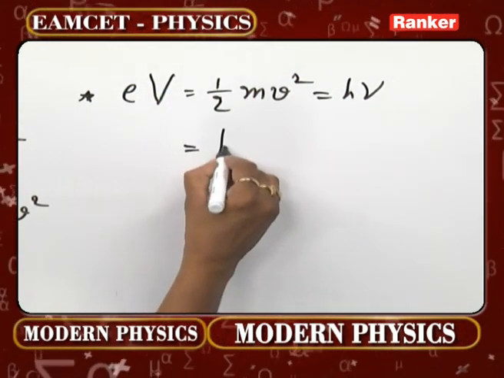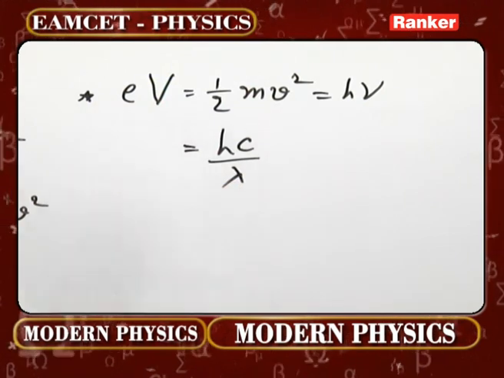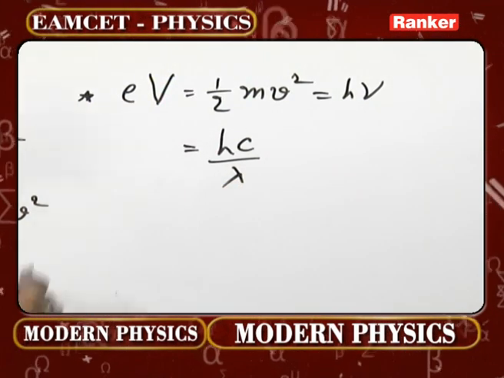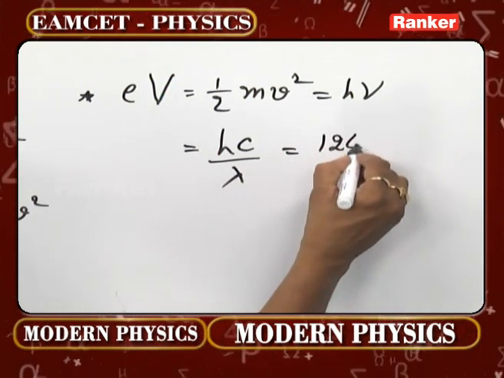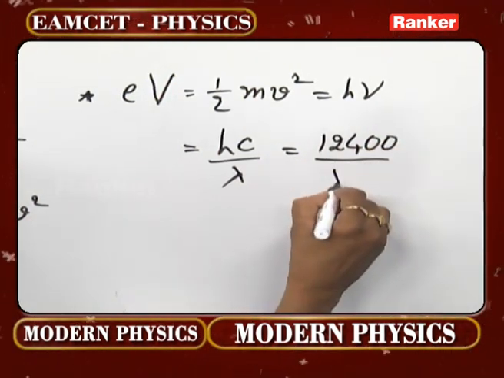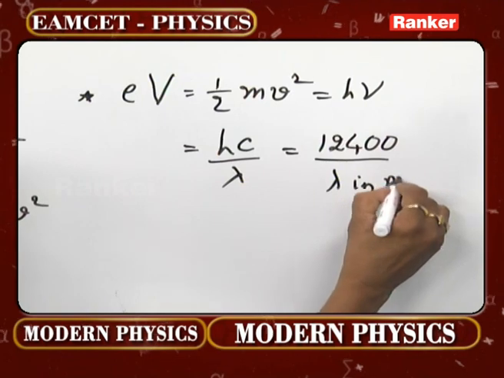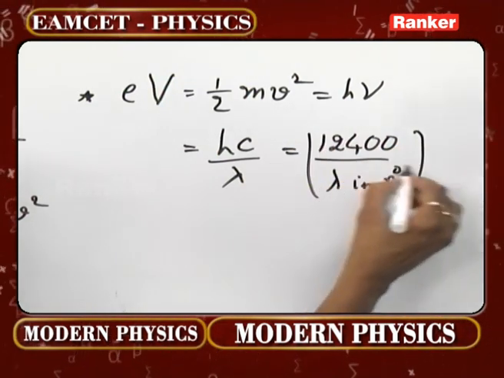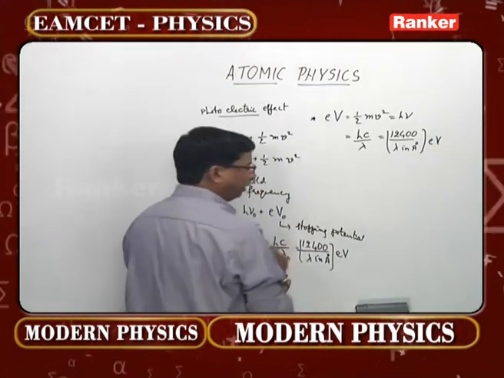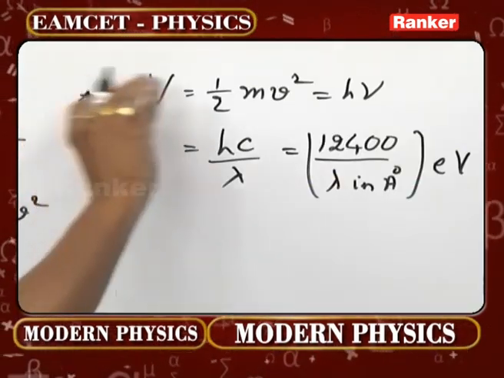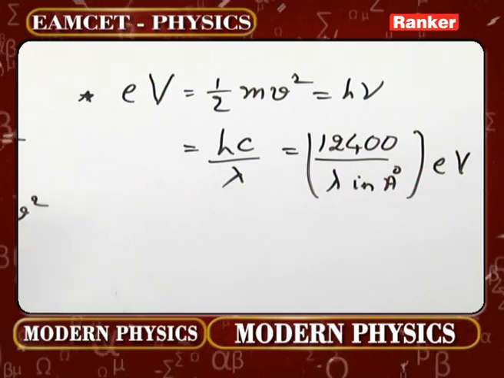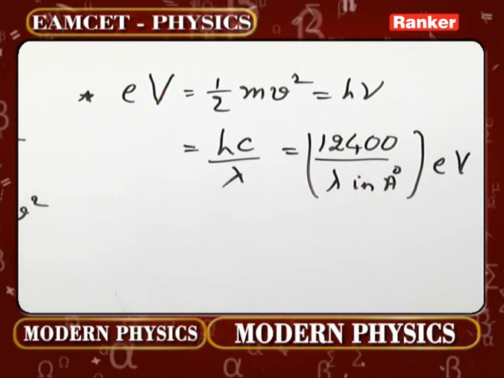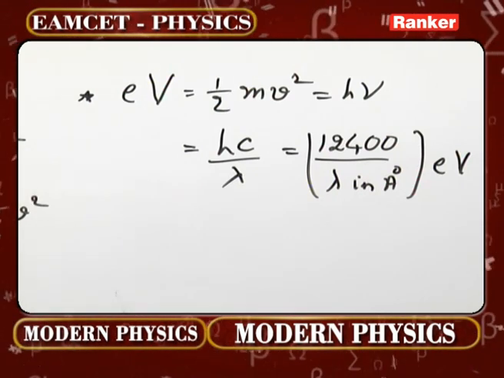That can be written as hc by lambda, because nu can be written as velocity of light by wavelength lambda. That can be rewritten this way, 12,400 by lambda taken in angstrom units. Thereby, the answer we will get will be in electron volt. This is the chain of equations you need to remember to solve any problem on X-rays in particular. This is the concept we have to take up.